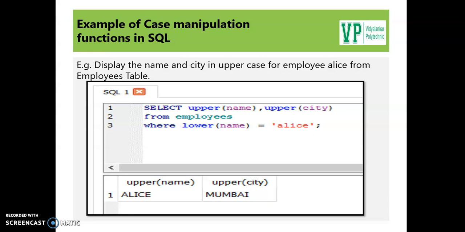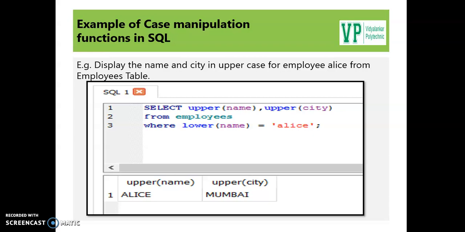Display the name and city in uppercase for employee Alice from the employees table. So the query is like select upper, and the input is the name column, comma, upper, the input is the city column from employees where you can see the lower function is applied to the name column and is equal to 'alice'.